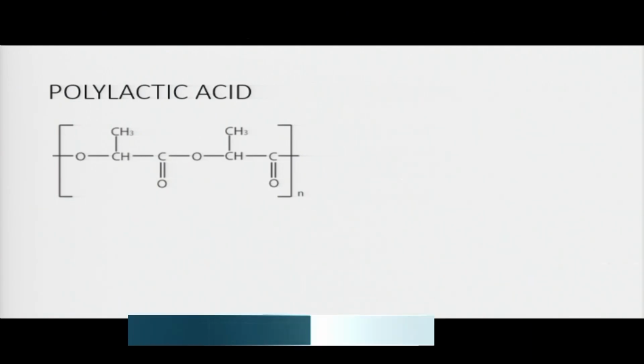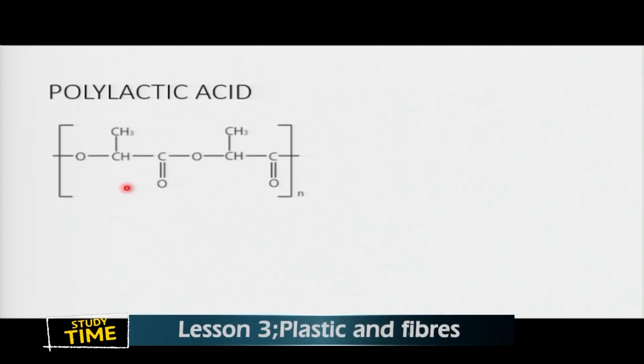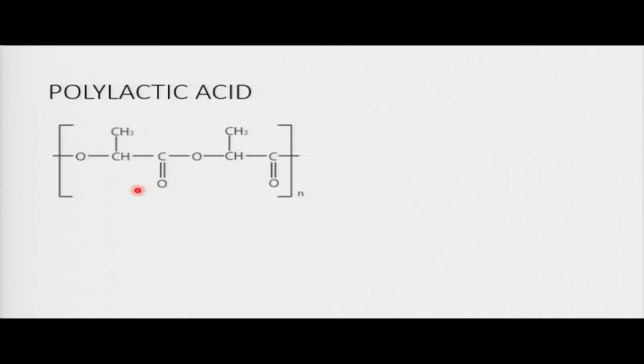As we said last time, polylactic acid has a monomer called lactic acid. So this is a polymer which is composed of two monomers, or two repeated units of lactic what? Acid. So let's try to illustrate it here on our blackboard.